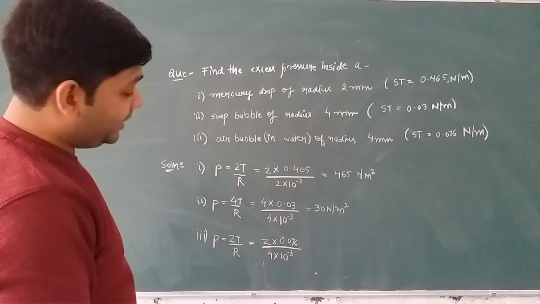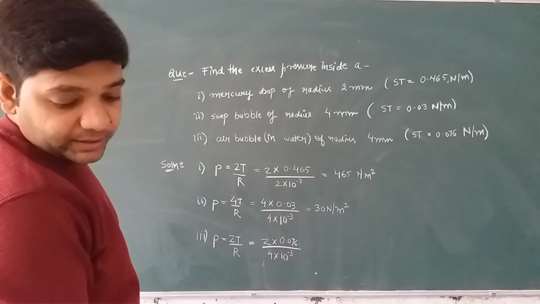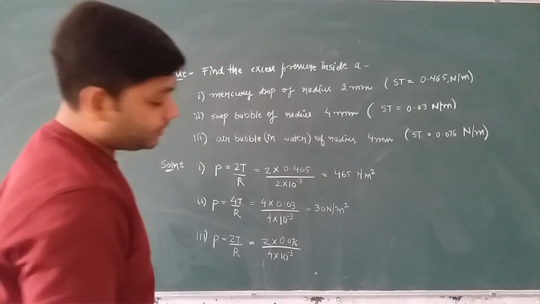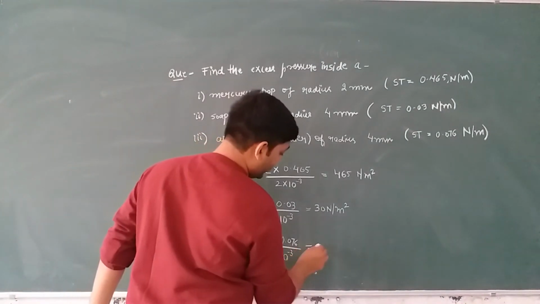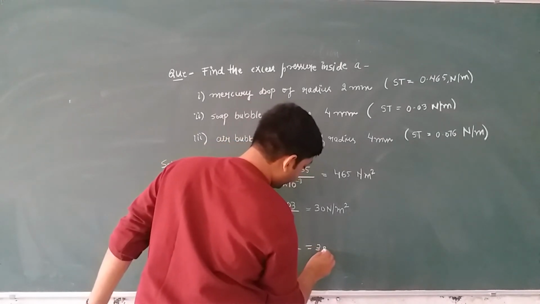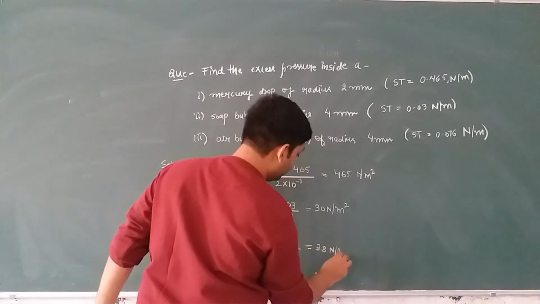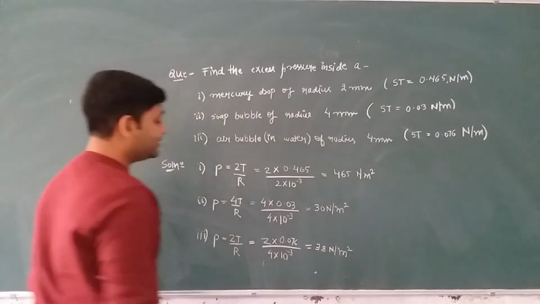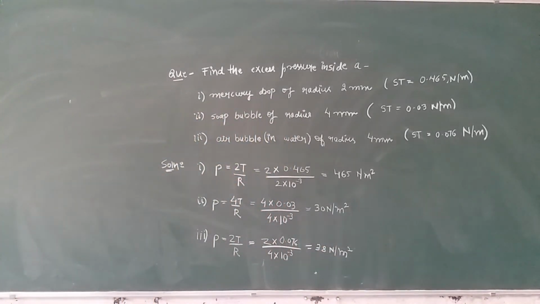Please solve this, and on solving this, the answer comes out to be 38 Newton per meter square. This is the value of excess pressure inside an air bubble of radius 4 mm.